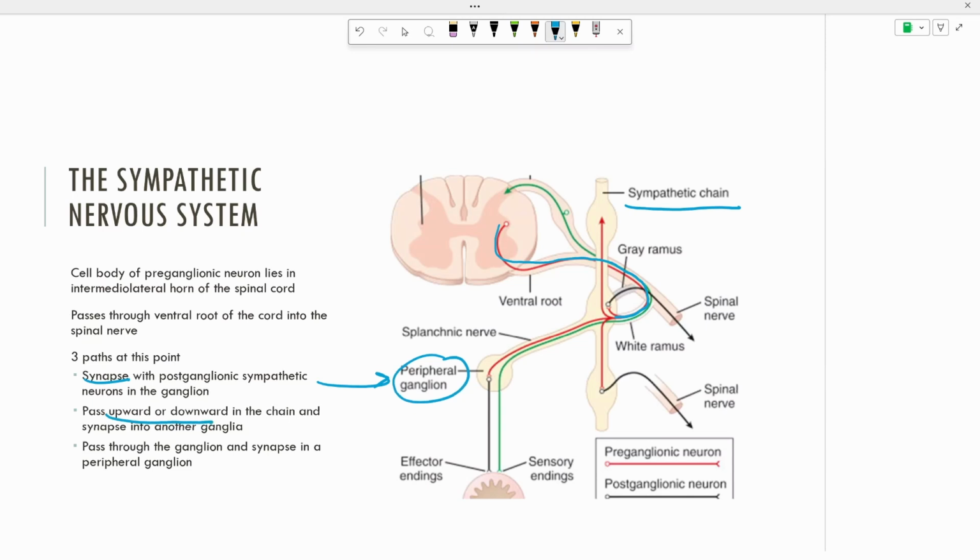It can go up or down that side chain ganglion, which is right here and right there. Or it can just pass through and go to the peripheral ganglion, which is right here. So those are the three things. Either it can stay within, go up or down, or pass through, go to the ganglion to stimulate another organ to do whatever it's got to do for that sympathetic response.